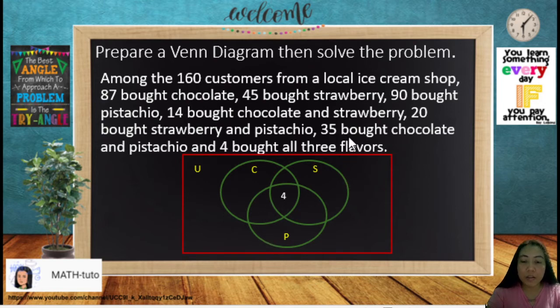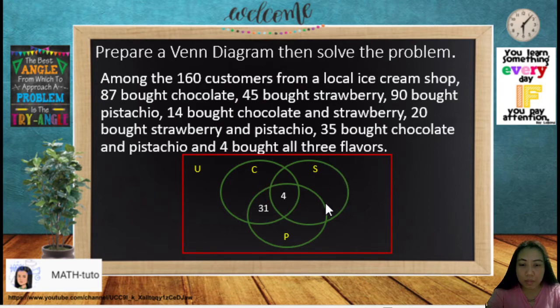Next, 35 bought chocolate and pistachio. And means intersection. That means the 35 is for the intersection of chocolate and pistachio. But we already have 4 here, which means 35 minus 4, 31. Next, 20 bought strawberry and pistachio.